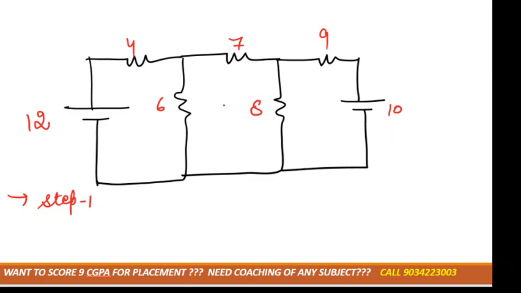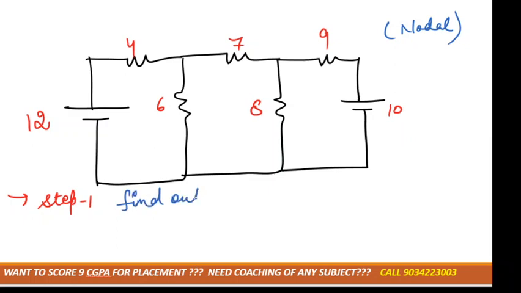For 3 meshes, how many variables do we need? 3 variables. And for 3 variables, how many equations do we need? 3 equations, right? But in this we'll solve it by the node voltage method or nodal analysis. For nodal analysis, we have to follow certain steps.